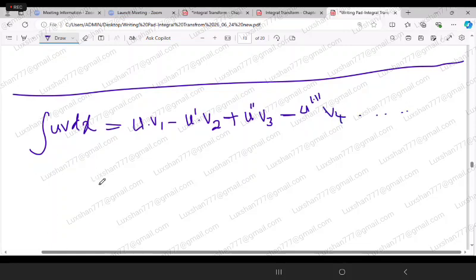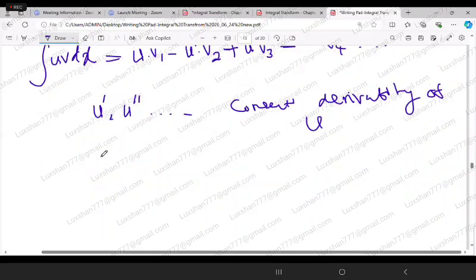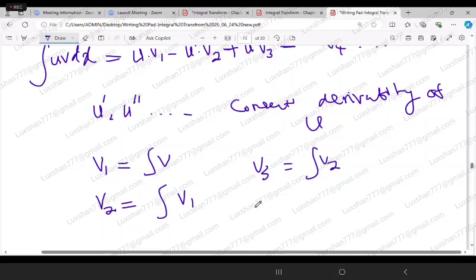Here u dash, u double dash are consecutive derivatives of u. v1 is the integration of v, v2 is the integration of v1, v3 is the integration of v2 and so on.